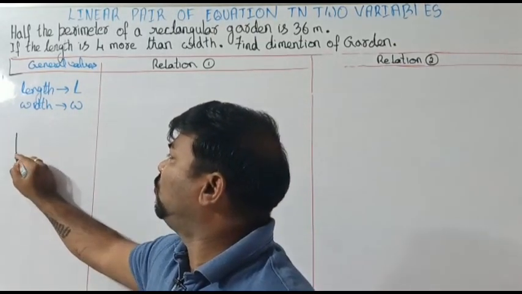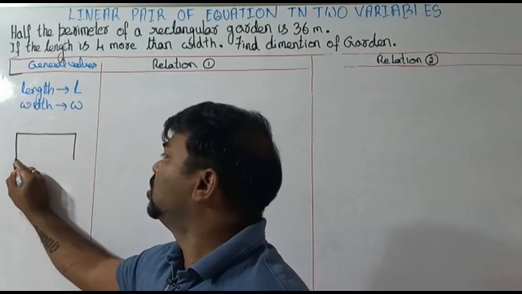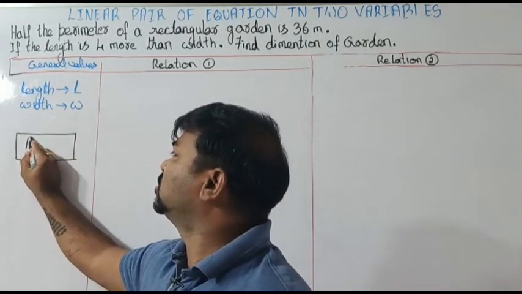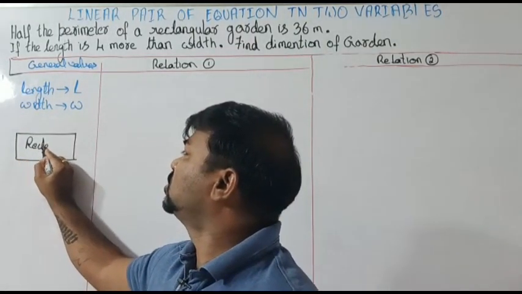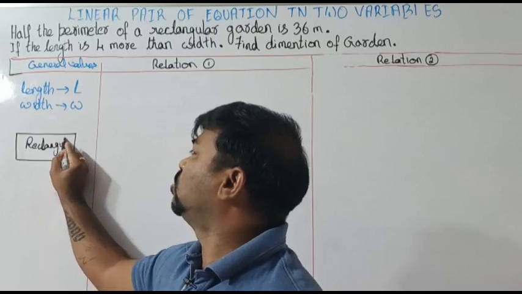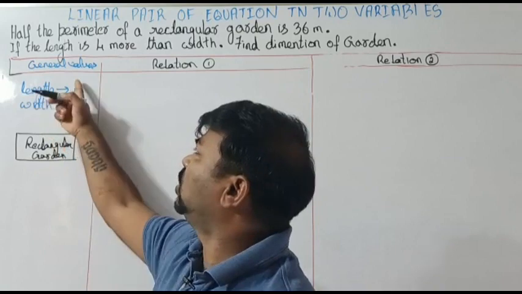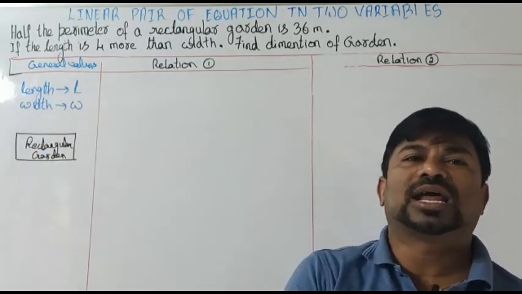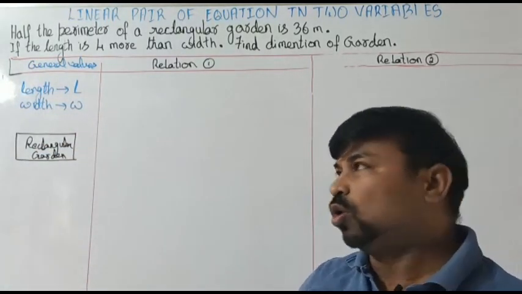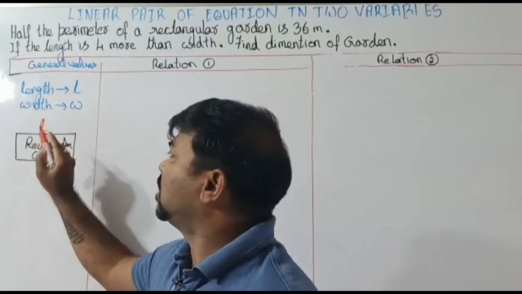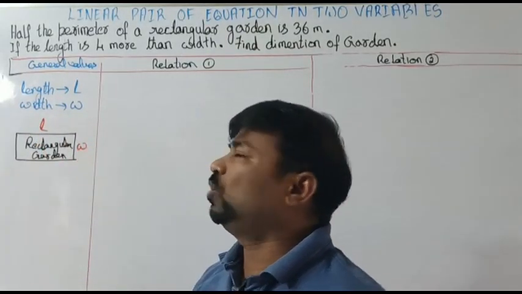So now let me go for the figure here. Here I am talking about a rectangular garden. That is the word we are supposed to remember here. What are the two dimensions? Dimensions are length and width. You know the lengthier side is the length and the shorter side is the width.